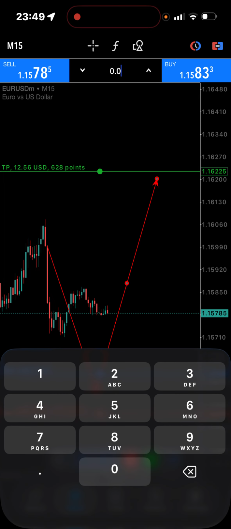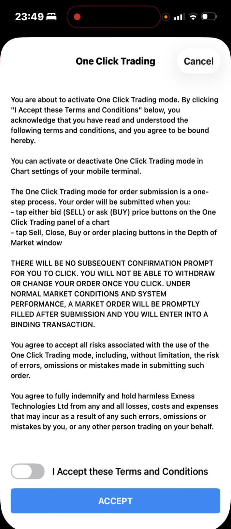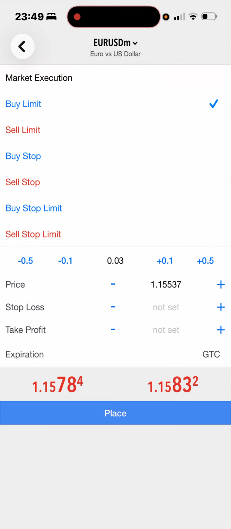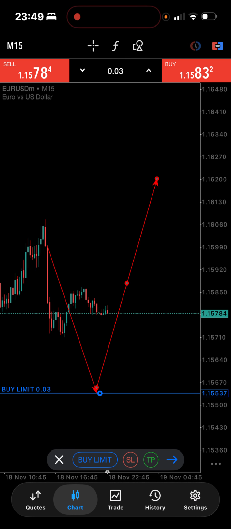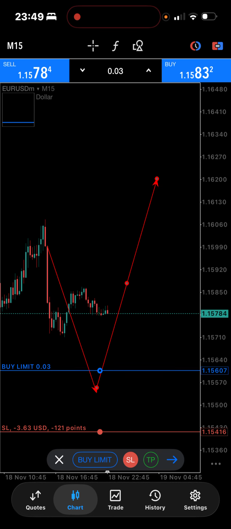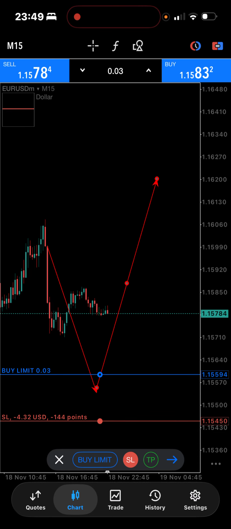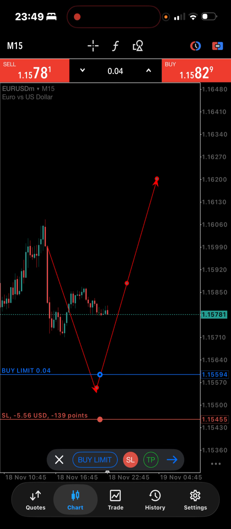If you choose 0.03, that gives you a $3.7 loss. If you choose 0.04 now, I can give you a $5.56 loss. So depending on how much you have as capital and how much of your account you want to be risking.